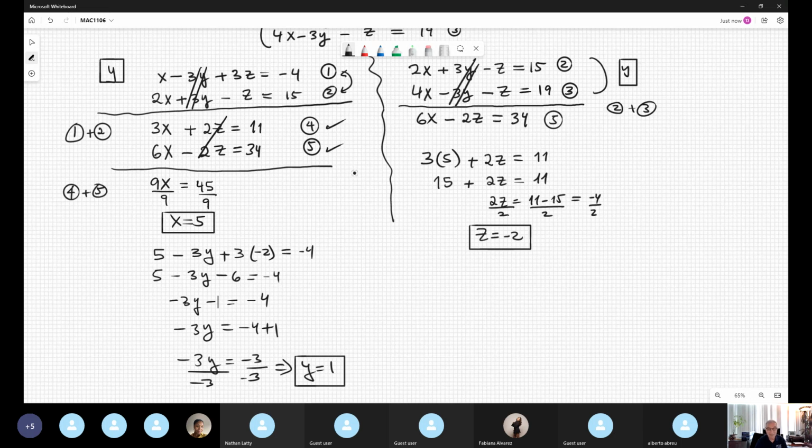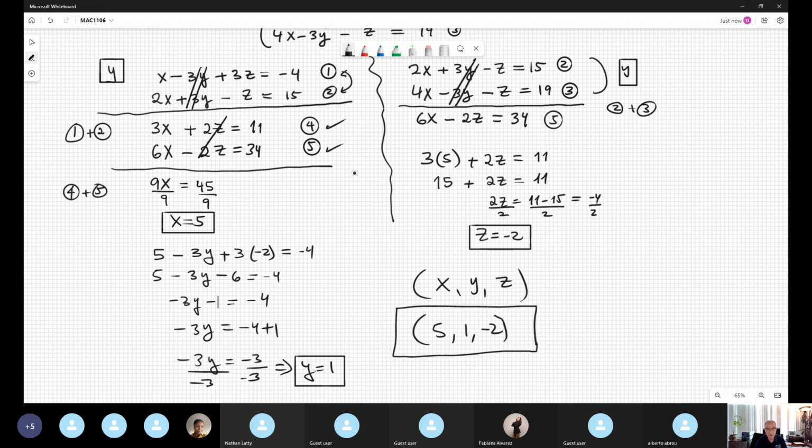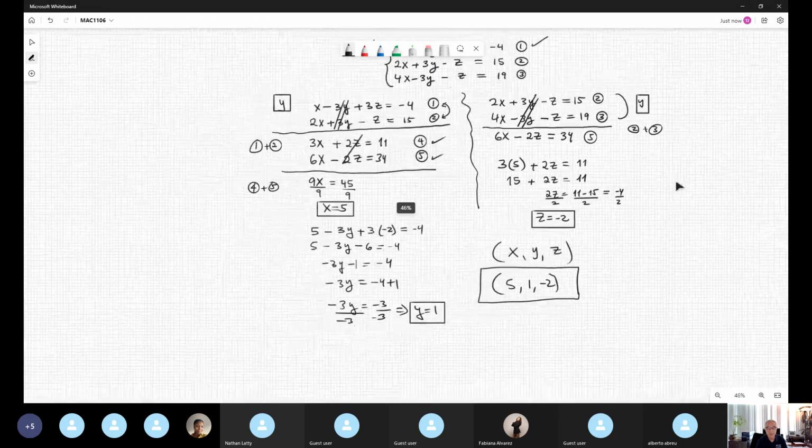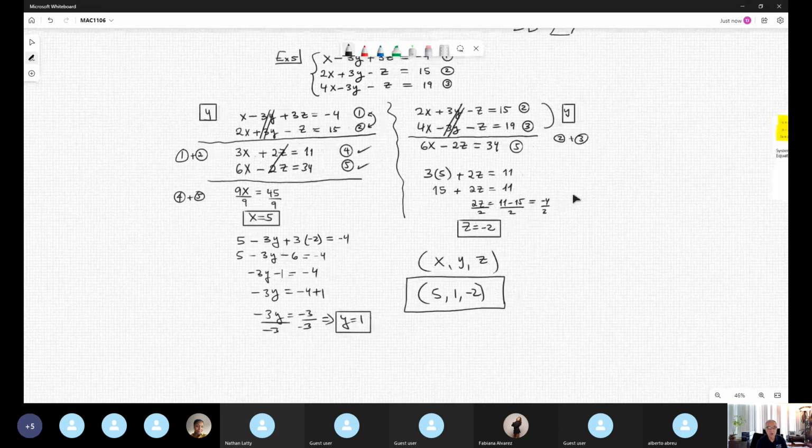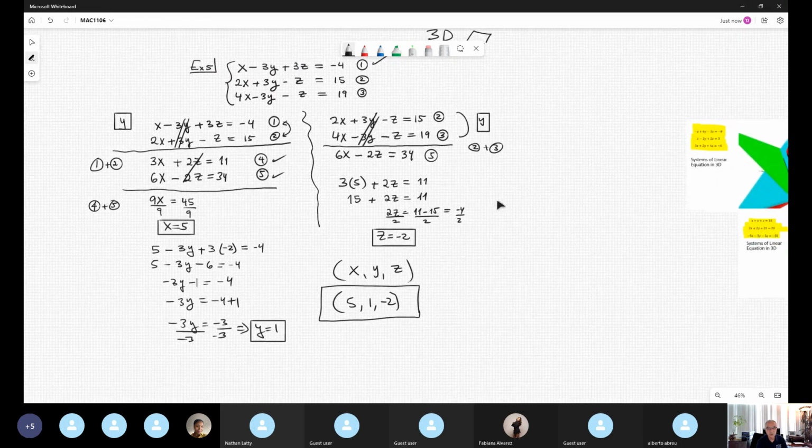Now, what's the answer? My answer is the triple order x, y, z. Who is x, y, and z in our problem? 5, 1, negative 1. Final answer. So in this case, the intersection between these 3 equations that represent 3 planes is just a point, a unique solution.